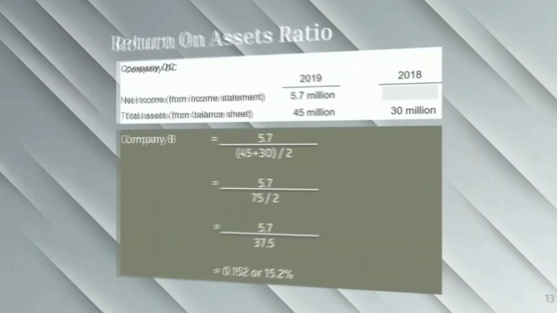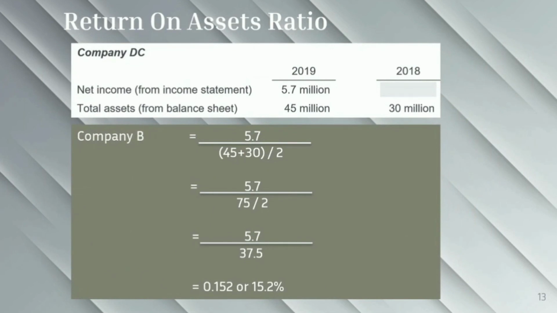Next, we have already gotten company MV. Next is company DC. We have a net income of 5.7 million. Input the given: 5.7 over 45 plus 30, divided by 2. 45 plus 30 is equal to 75, and 75 divided by 2 is equal to 37.5.